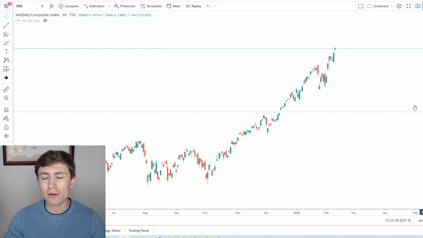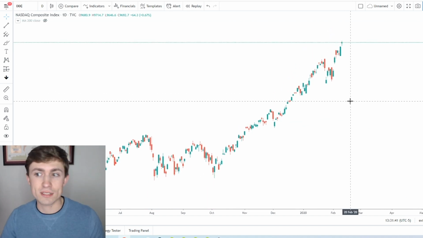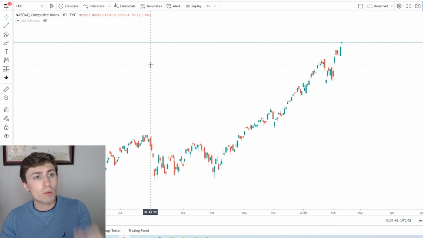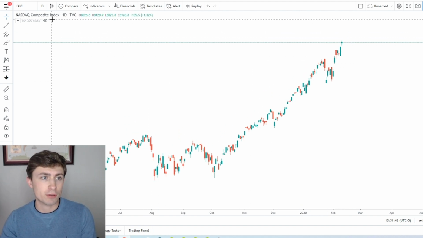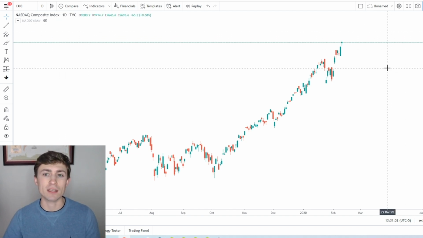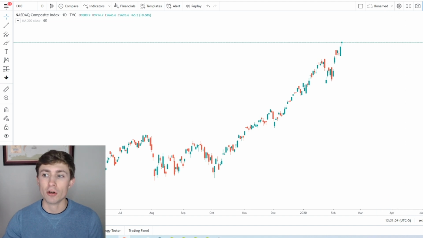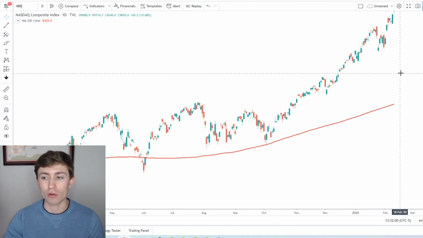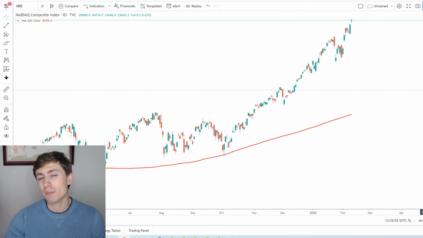So again, it is very hard to be on the short side, in my opinion, with these major index funds, or indices. When we're trying to be on the short side, it's very difficult, especially in a very bullish market. You have to understand when trading these, the market environment that you're in. Are you in a major bull market like the one we see, where price is significantly above the 200 period moving average and overall things are very, very bullish? That can be hard to short into.